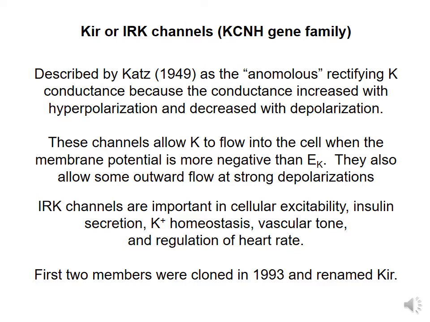Sometimes these channels are referred to as anomalous rectifier potassium channels because the conductance of these channels increases with hyperpolarization and decreases with depolarization, which is the opposite of what has been described for KV channels. Therefore these channels allow potassium to flow into the cells, and also allow some potassium to flow out of the cells when the cells are more depolarized than EK.